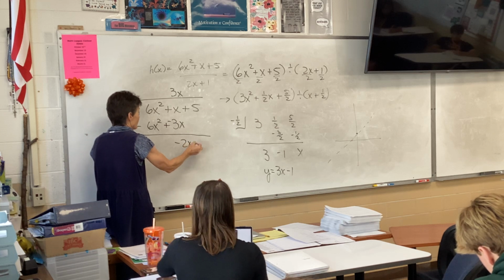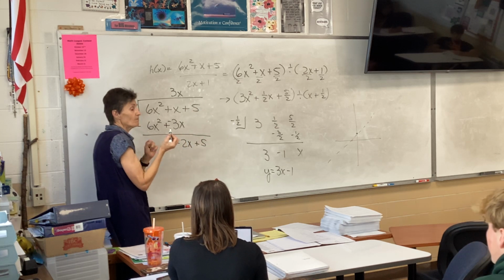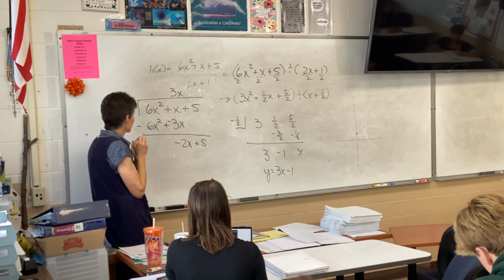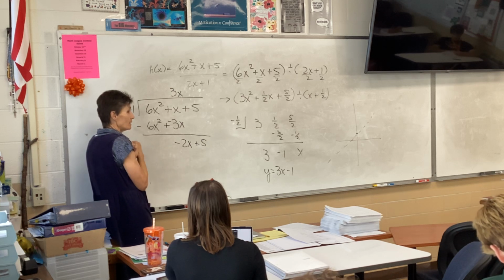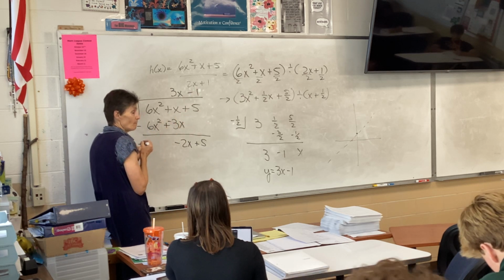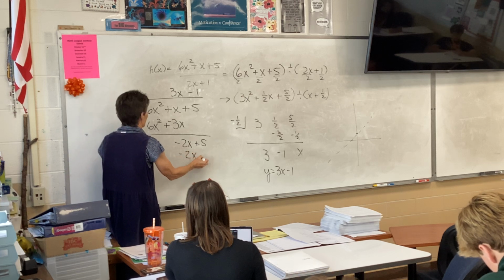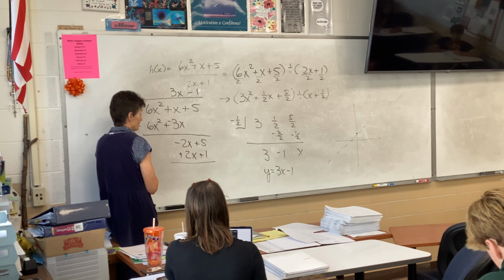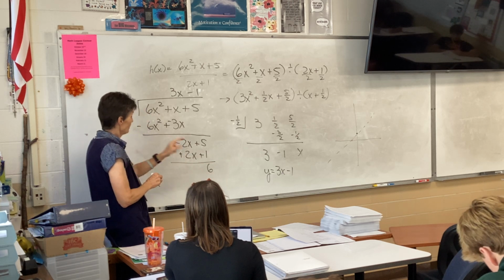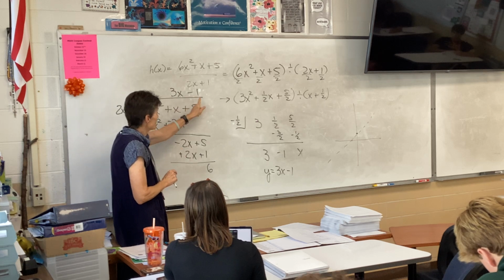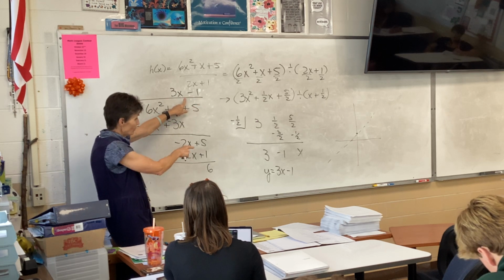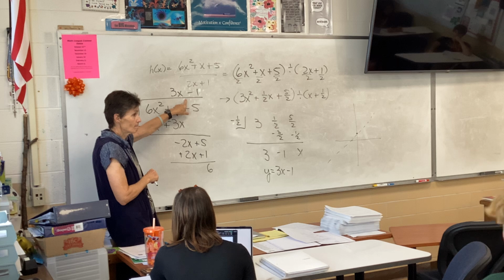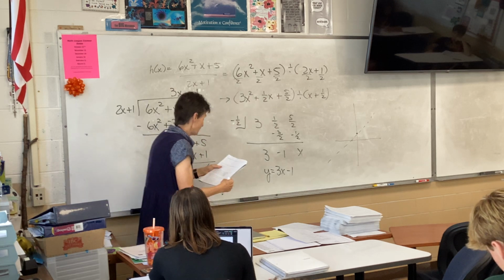Subtract. Bring down the next number, just as if you were doing it with regular digits. Now 2x goes into negative 2x, negative 1 time. Again, we subtract, and that leaves us with a remainder, but we don't care about that. This is your asymptote. Okay? All right, let's try number 7.